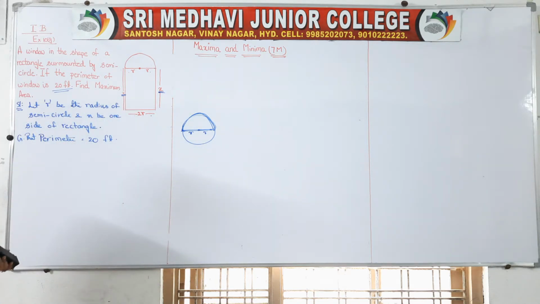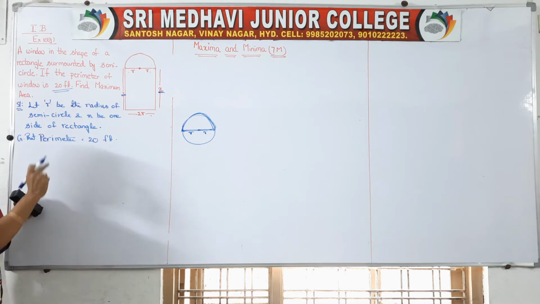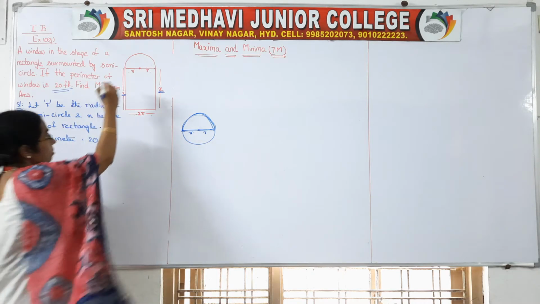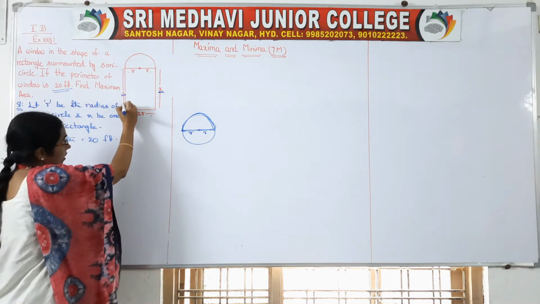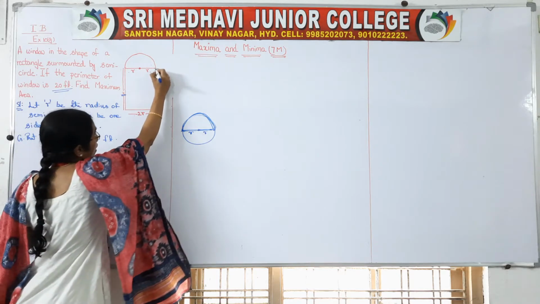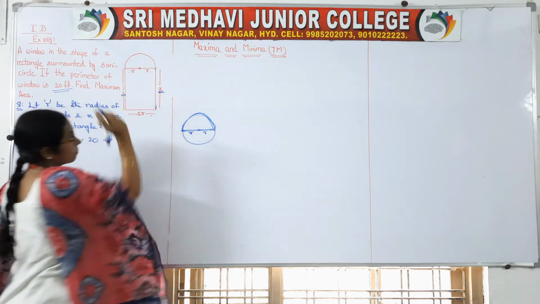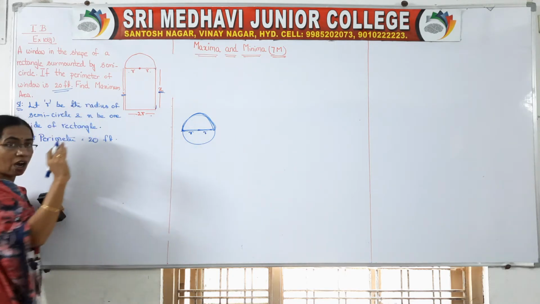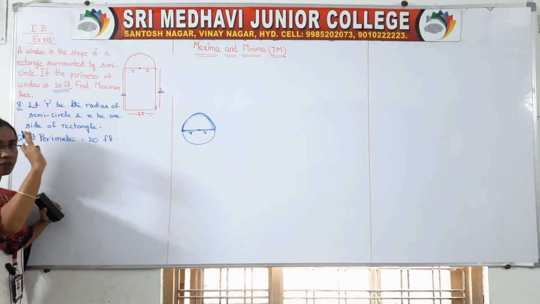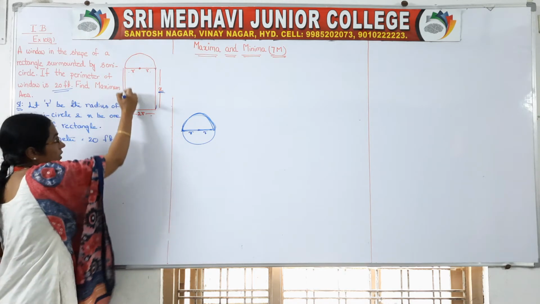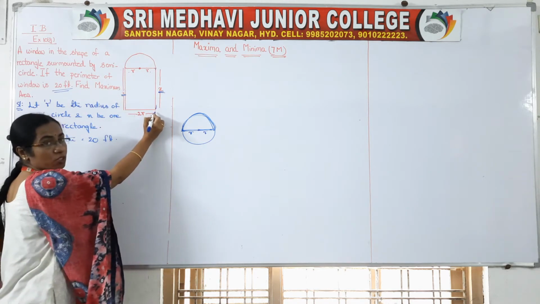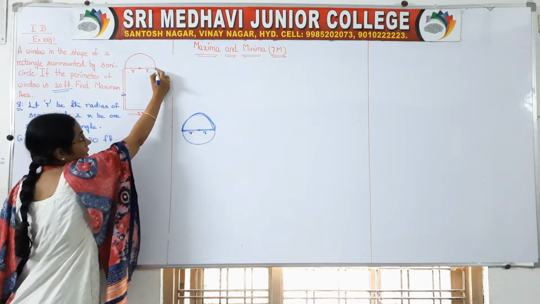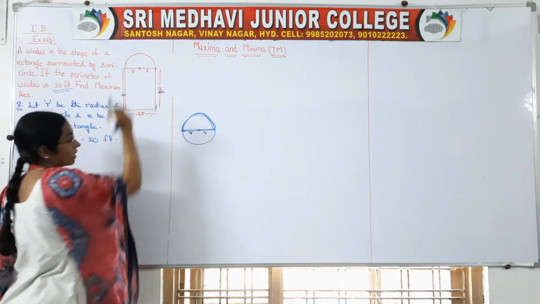Now we have to take the perimeter as 20 feet. Perimeter means from here to here, here, here. This is called the perimeter. So how will we get it? Perimeter means the outer length of the window. So here X, next plus 2R, plus X, next we should get this.